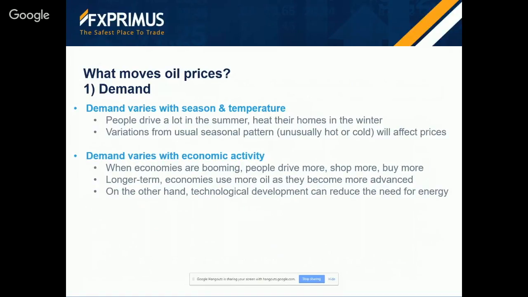For example, the most obvious one is using solar power instead of oil to generate electricity. But also, internet shopping has reduced the amount of driving people do. Even things like Netflix reduce the amount of driving people do to go out to the movies. So while technological progress in developing countries often means greater use of energy and more demand for oil, in developed countries, it can have the opposite effect.